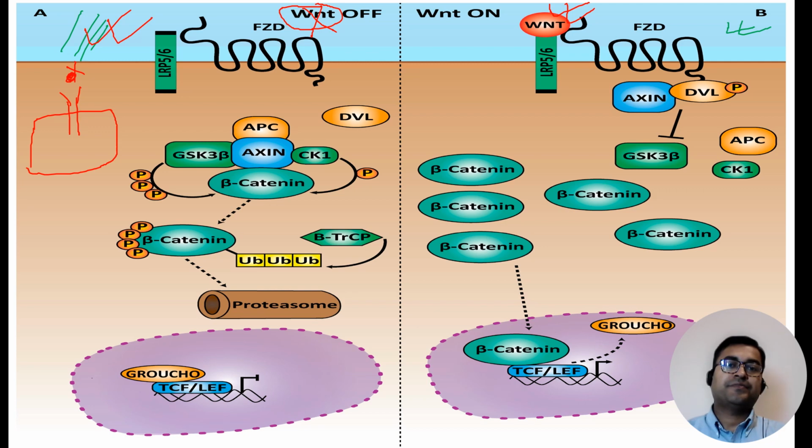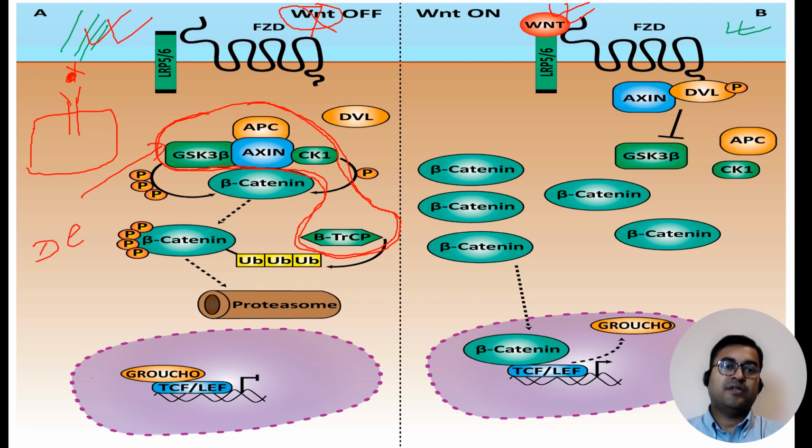In that case, what is going to happen is, in the cytoplasm of this cell there is a complex called the destruction complex. This destruction complex consists of these molecules, which you can clearly see in this diagram.